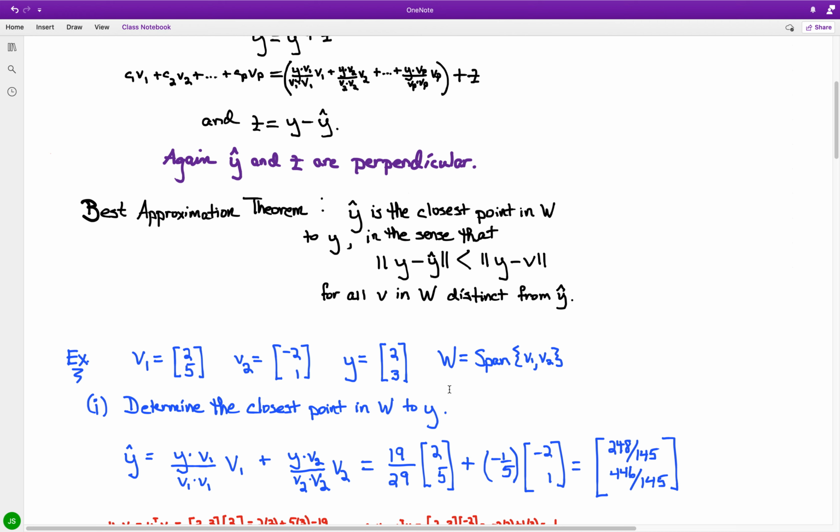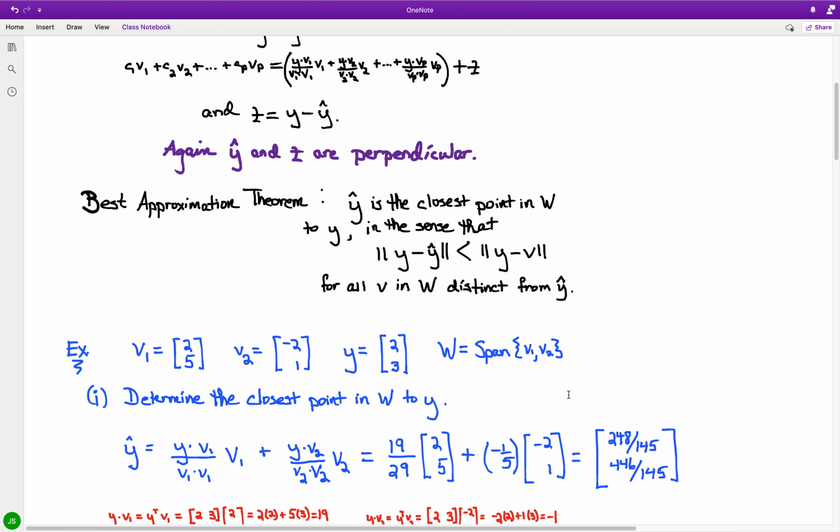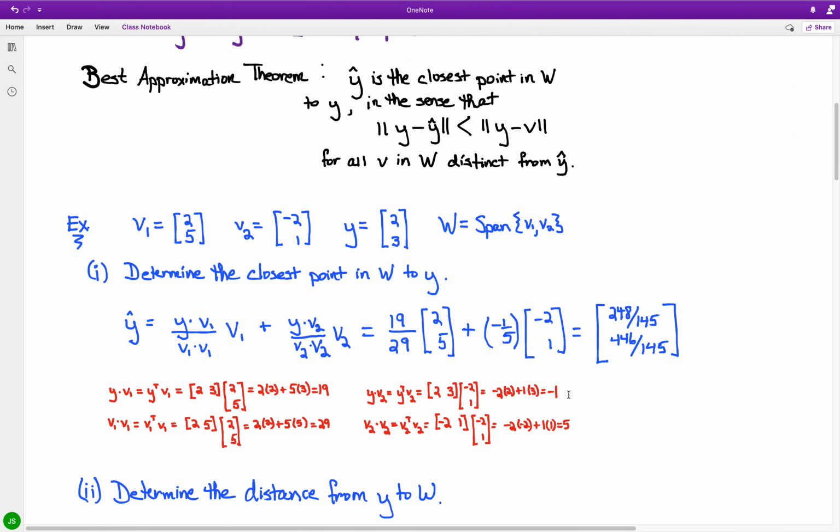We have to determine the closest point in W to y, where W is the span of v1 and v2.